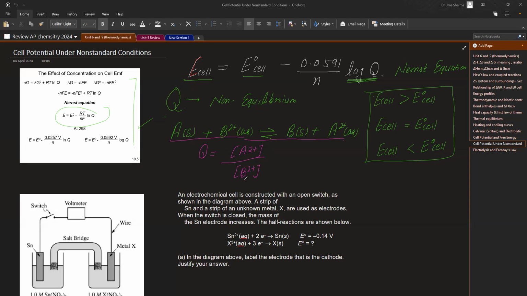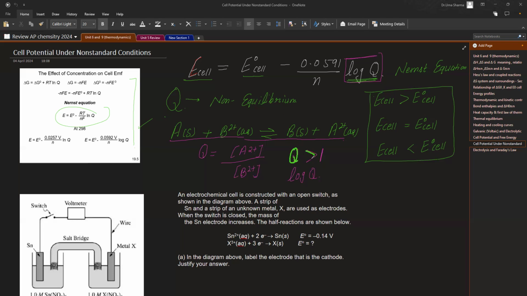Now this is for you, children. The question is for you. I'm not going to help you, Arya. Can you tell me if Q is greater than 1, what will be the value of log Q? I'm going to use a slightly thick pen because I think this is not visible to us. So if I use the thick pen, you can see it well.